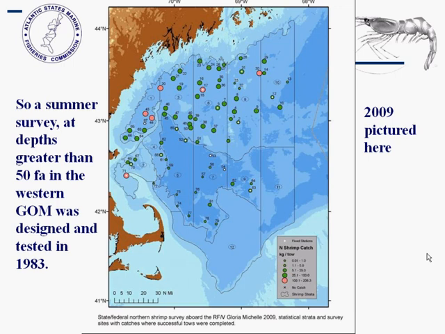Where the dots are every year will change, but the protocol is exactly the same. The gear is exactly the same. It's a standard trawl with a 1 3/8" mesh so that we can catch some of the smaller shrimp that the industry might not see. It's only conducted in greater than 50 fathoms.